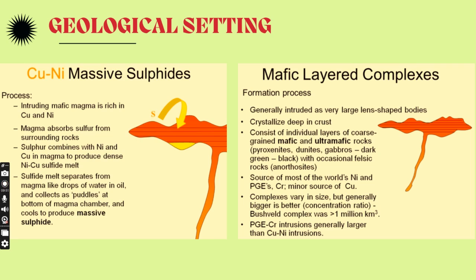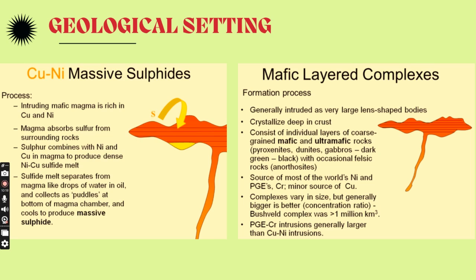That sulfur-rich melt cannot mix with the silicate-rich magma, and eventually that sulfur will go along with these metals, chalcopyrite, pyrite, sometimes pentlandite, these kinds of mineral forms.